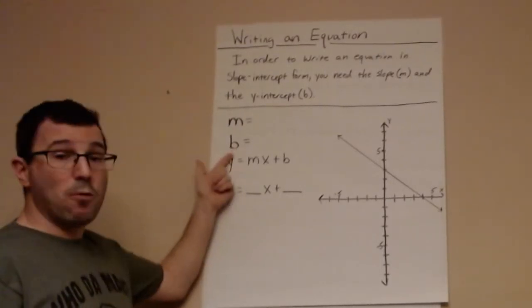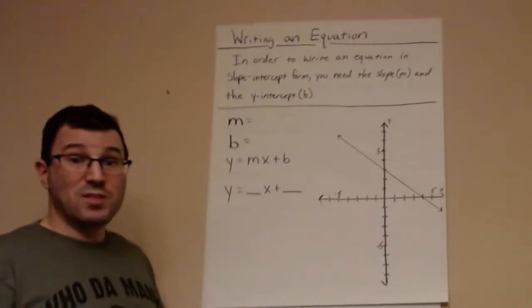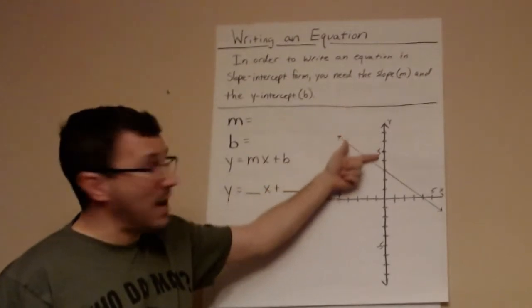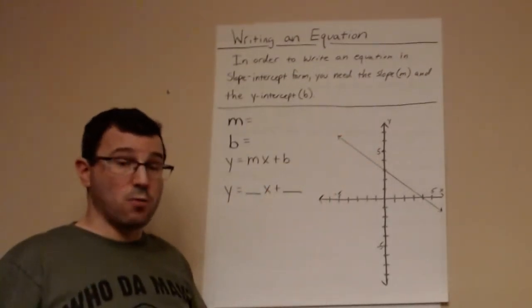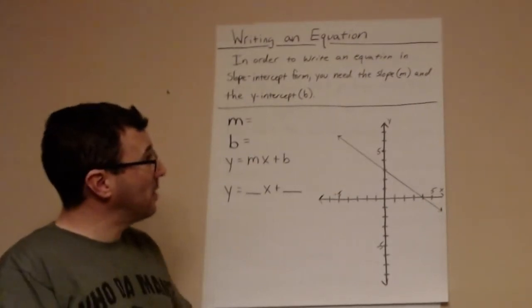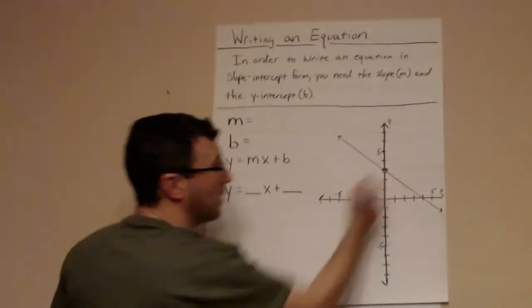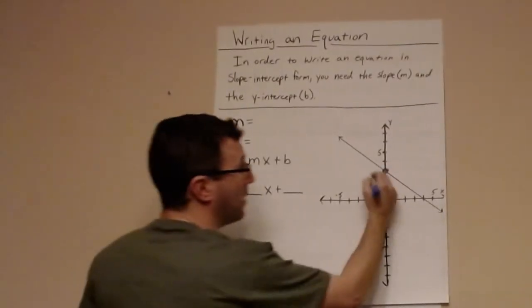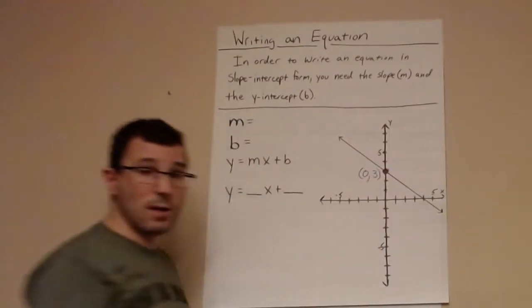So the first thing I'm going to find is always the easiest thing. I'm going to figure out what the y-intercept is. I find that simply by looking at the y-axis and seeing where the line crosses it. When I look at this, I notice that it is crossing at the point (0, 3).